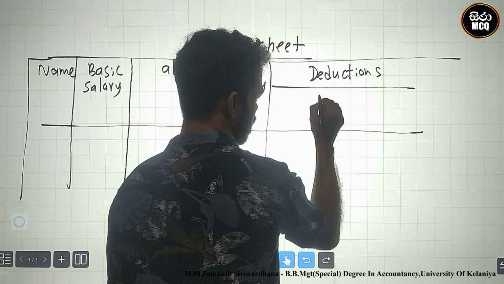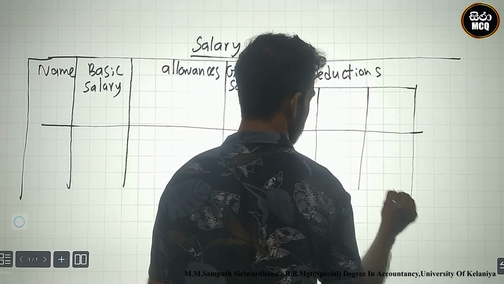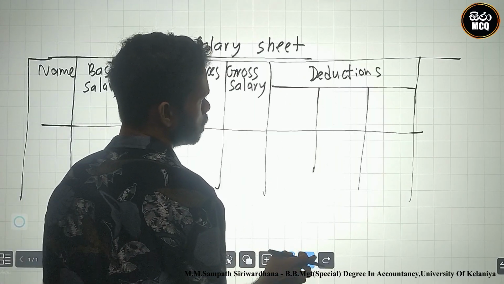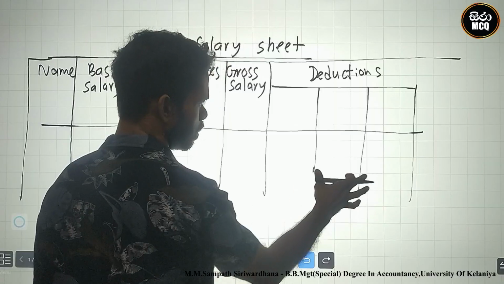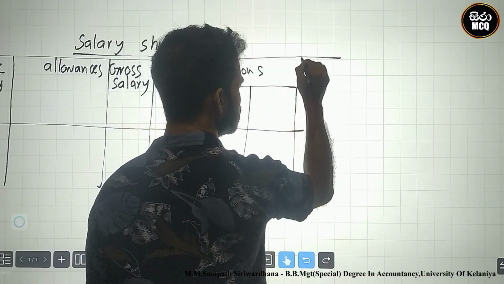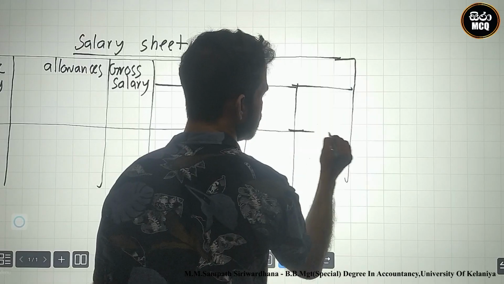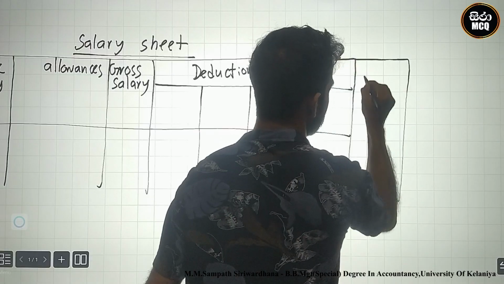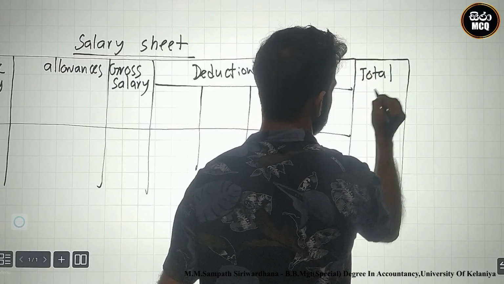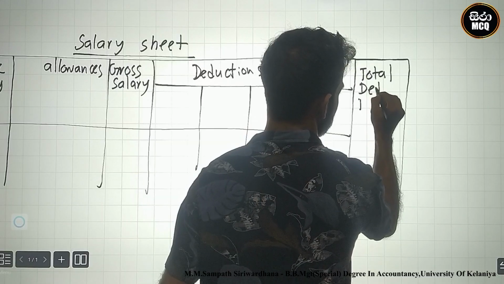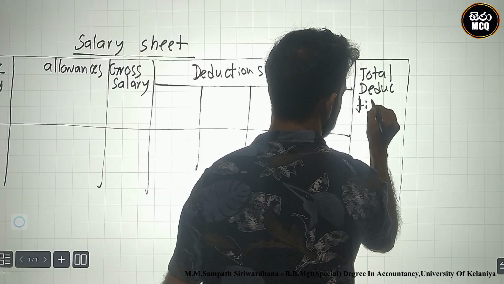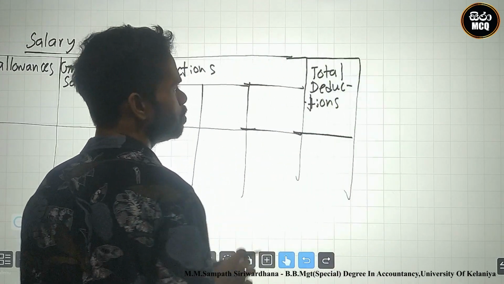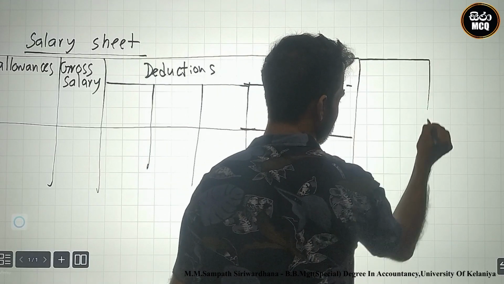There are 2 or more deductions; here I identify 4 deductions. After that, we identify the total deductions column. This is the total deductions. After that we identified net salary.